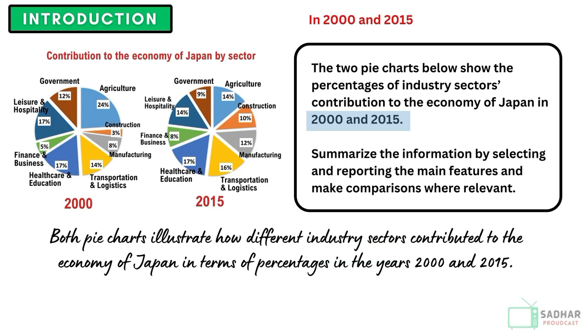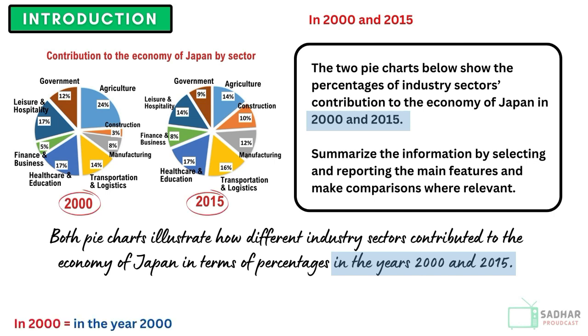The next one is the period of time. So it's written in 2000 and 2015, right, according to the data available. And then I change it into in the years 2000 and 2015. If we say in 2000, it means in the year 2000.